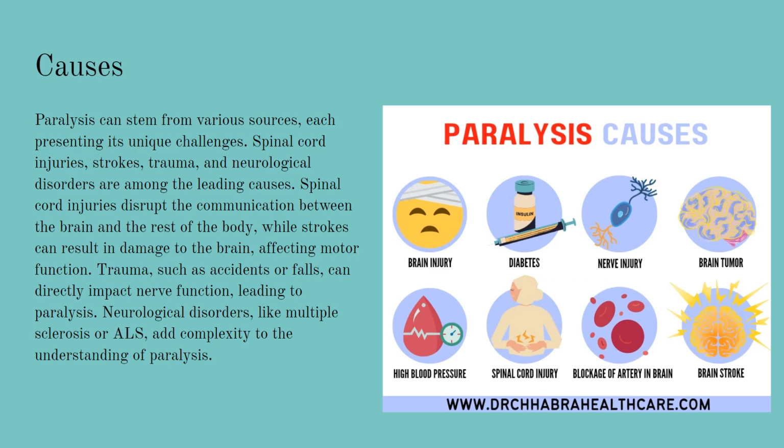Trauma, such as accidents, falls, broken necks, anything like that, can directly impact nerve function, leading to paralysis. And neurological disorders like multiple sclerosis or ALS add complexity to the understanding of paralysis.